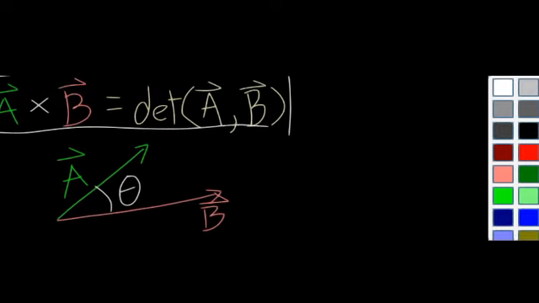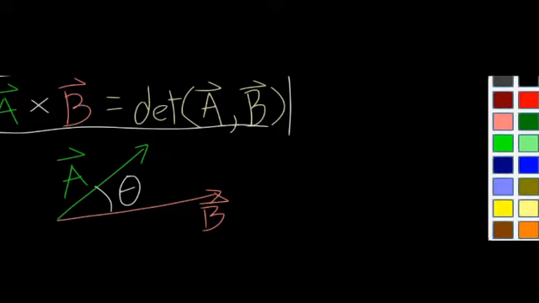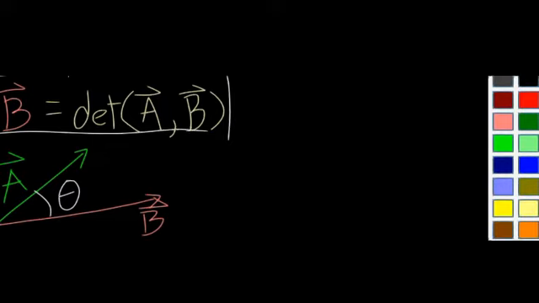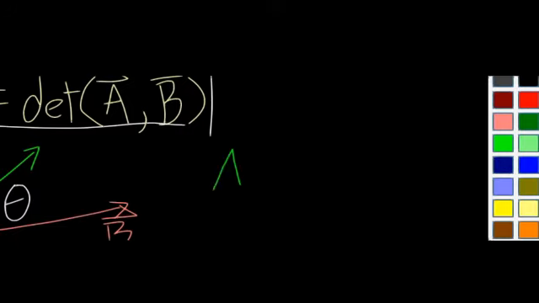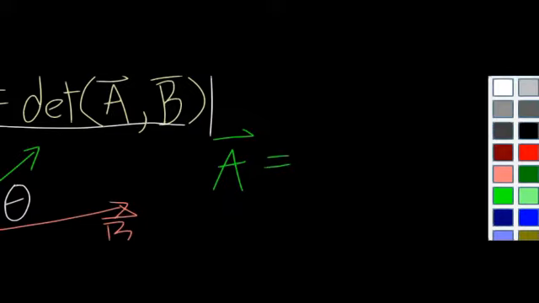So how do you take the determinant of two vectors? Let's assume that vectors A and B have the same dimensions, meaning the number of components they have are equal. Let's assume we're in a two-dimensional world. So actually I should switch notations.